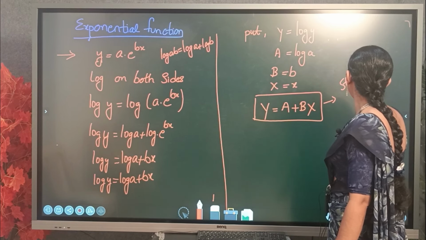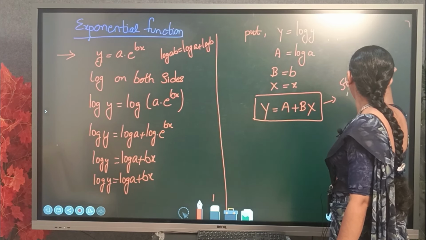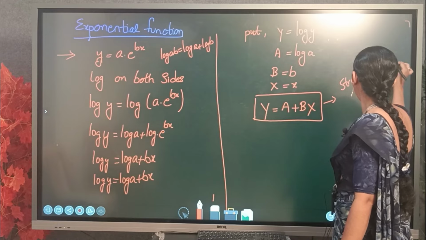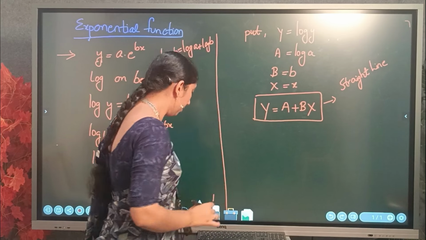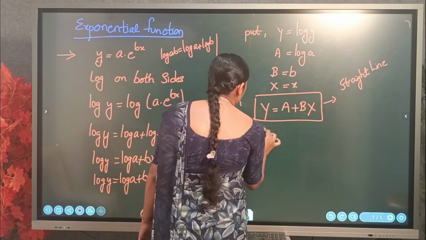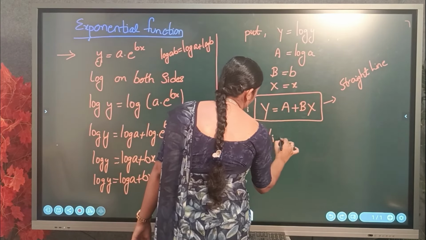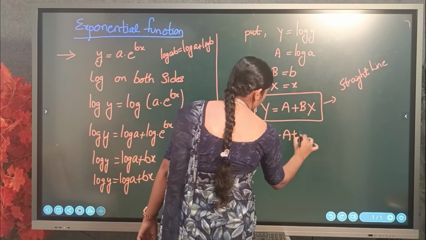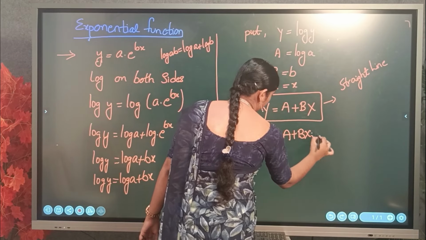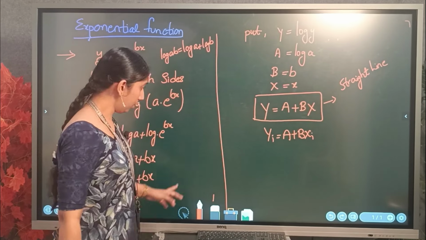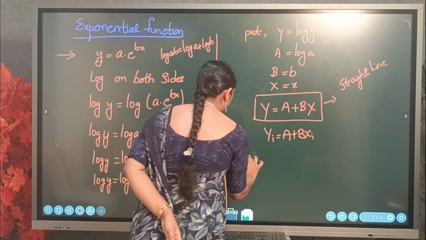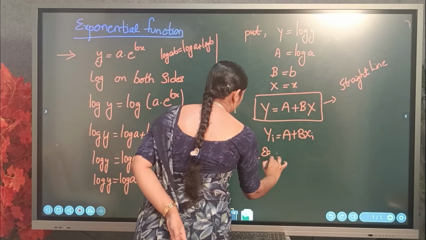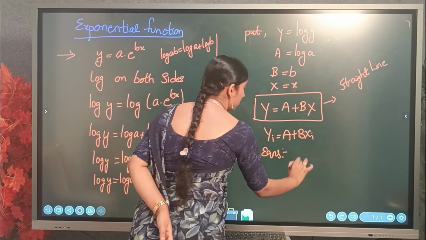Already I have given an assignment to you. How many normal equations will you get? Two normal equations. For these normal equations, what do we have to apply? Summation. First you have to write yi is equal to a plus b xi. Now we are writing the normal equations.